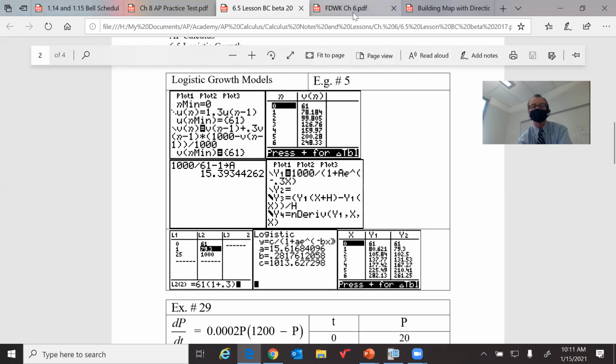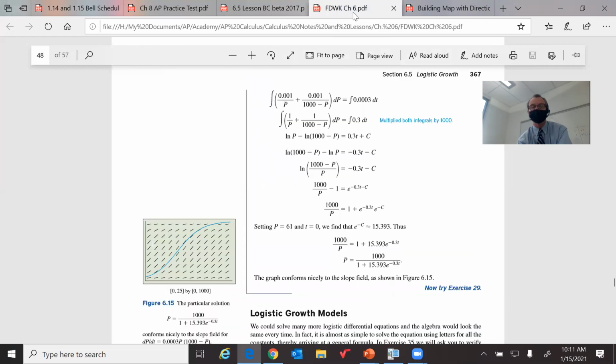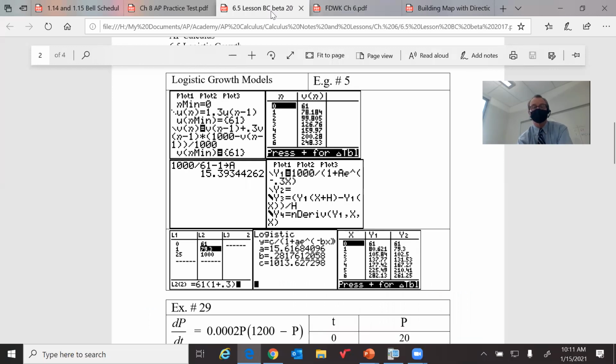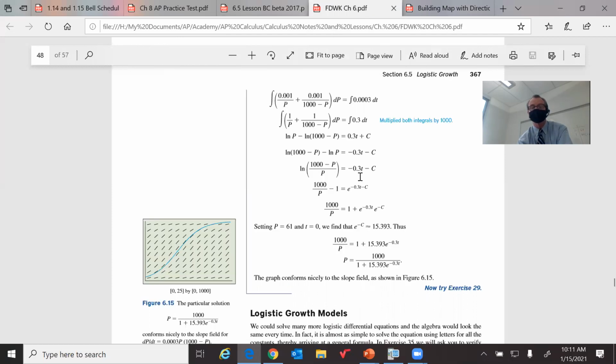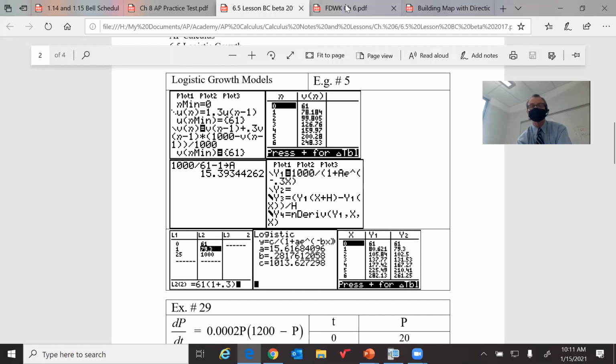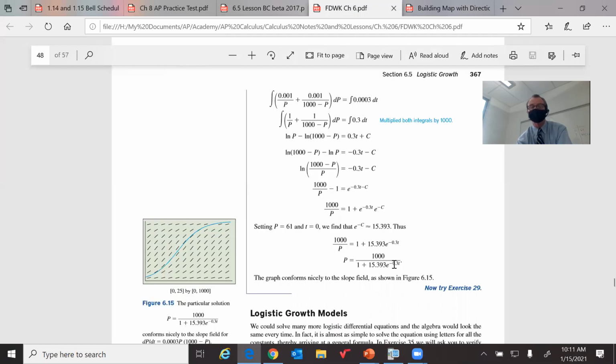We got 15.6. They got 15.393. Like doing on the calculus. We just didn't let the calculator do it. They got 1,013 for the maximum. Calculus took it to 1,000. We get a rate of 28%. We get a rate of 30%.